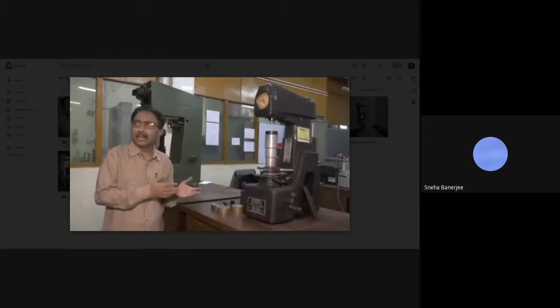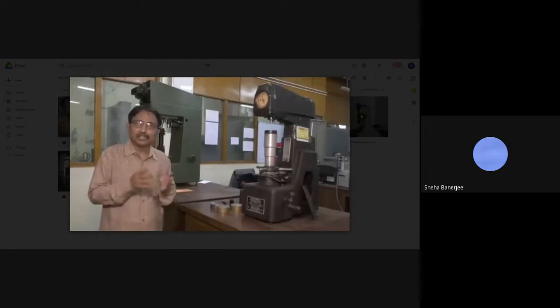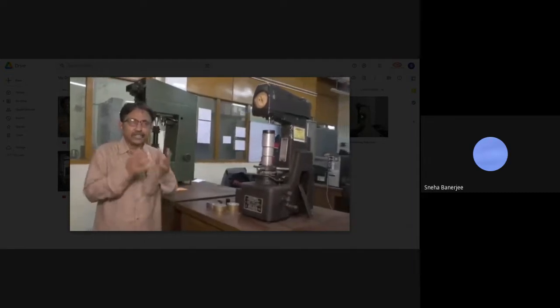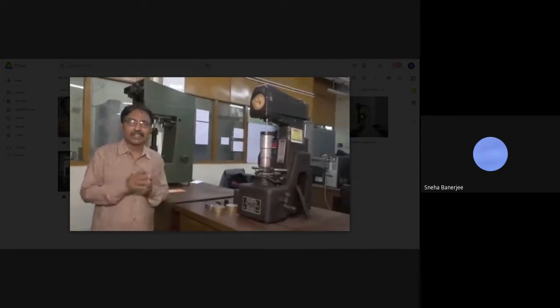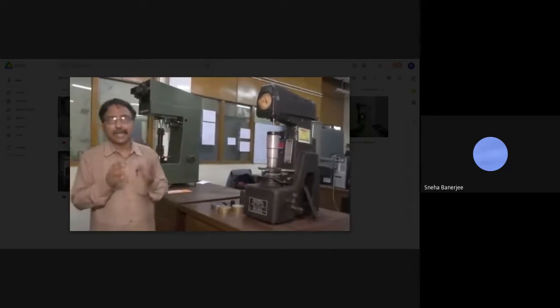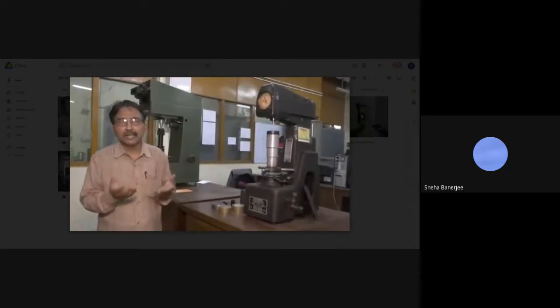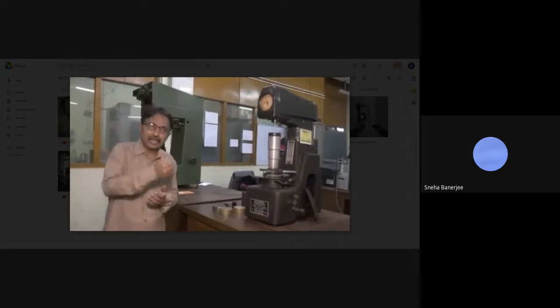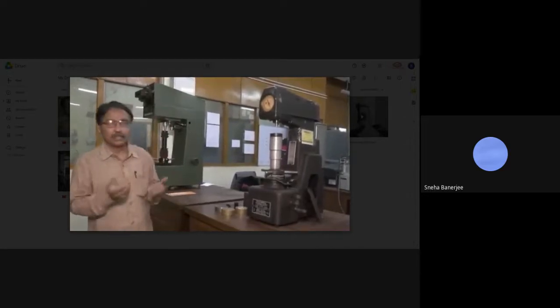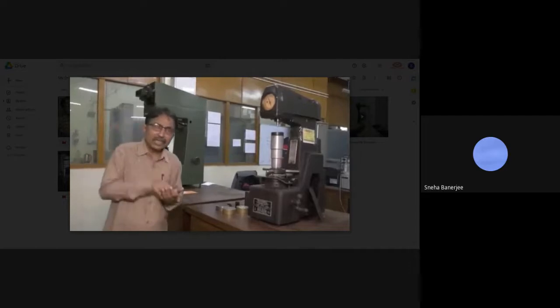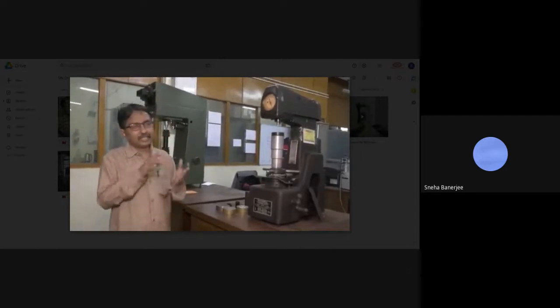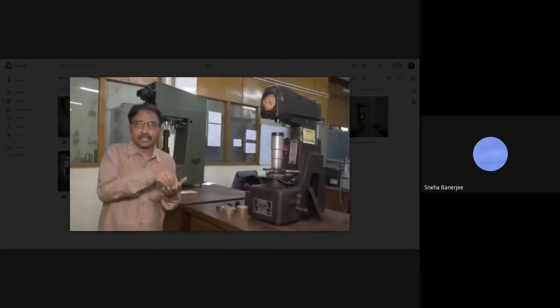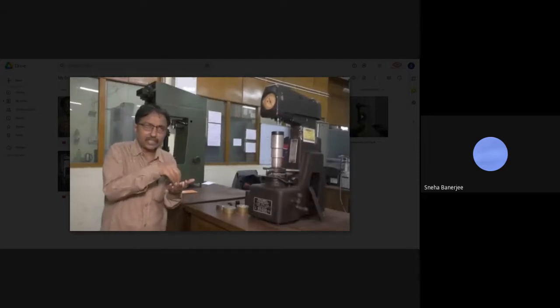Along with that, there are other tests as well, but all these tests, be it Rockwell, be it Brinell, be it Vickers, are generally known as macro hardness tests. What is meant by a macro hardness test? We are using a comparatively higher amount of load. Where does the concept of load come from? Because I have already mentioned that hardness is basically resistance to penetration, resistance to localized plastic deformation.